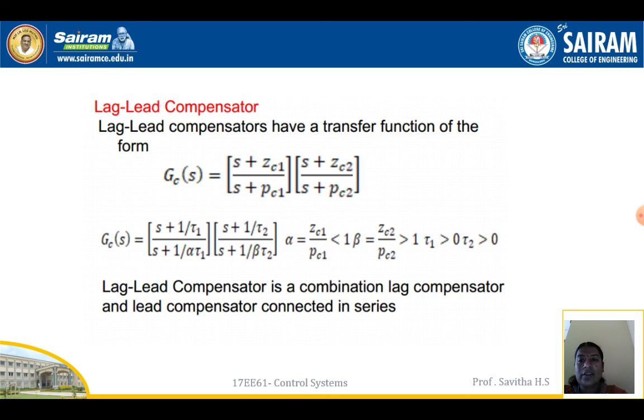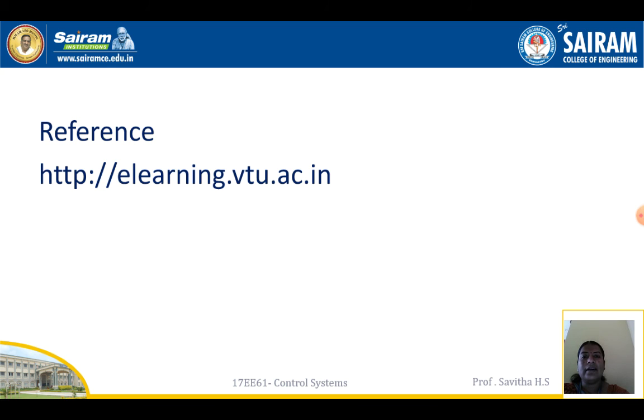So Gc(s) is equal to (s plus 1 by tau 1) divided by (s plus 1 by alpha tau 1) into (s plus 1 by tau 2) divided by (s plus 1 by beta tau 2), where alpha is equal to Zc1 divided by Pc1 is less than 1 and beta is equal to Zc2 by Pc2 is greater than 1. Tau 1 is greater than 0 and tau 2 is also greater than 0. Lag lead compensator is a combination of lag compensator and lead compensator connected in series.